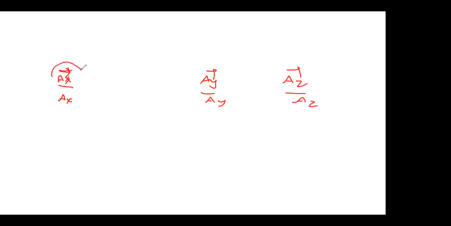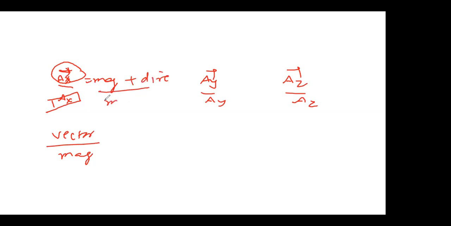That means I am dividing this vector by its magnitude, correct? A x bar is the vector and A x is its magnitude, and a vector means two things, magnitude plus direction. If I divide by the magnitude, it will get cancelled, so we will get 1 with direction.